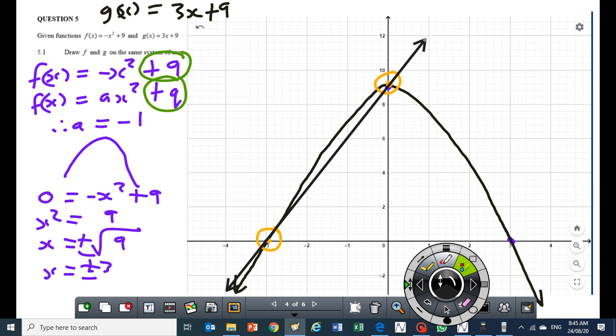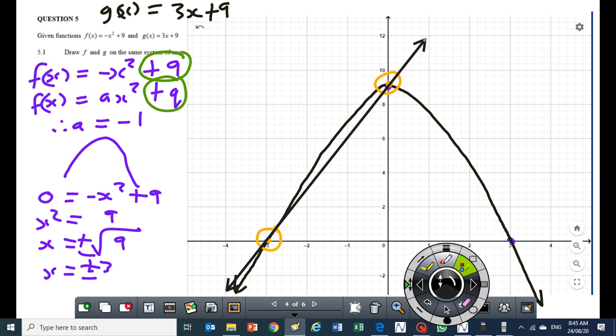If you did the homework, you're supposed to get your two graphs like this. The straight line is very easy to sketch. Find your x-intercept, your y-intercept, take a ruler, draw a straight line beyond those two intercepts, and then you are done. So we're supposed to get that.